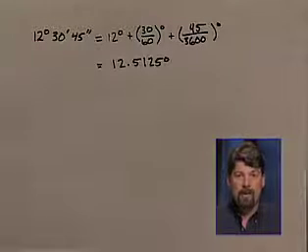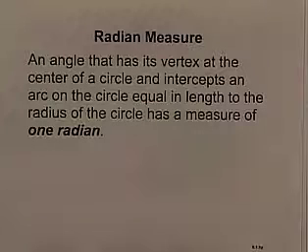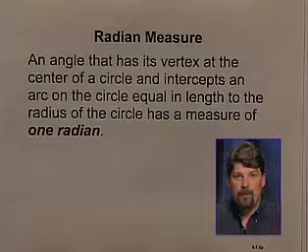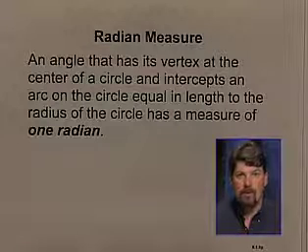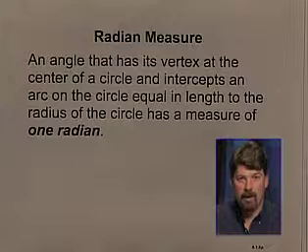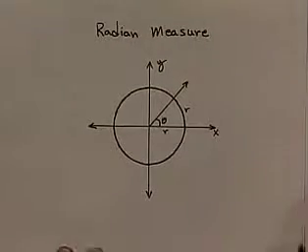Now, the other commonly used measure for angles in trigonometry is radians. So let's take a look at the definition of radian measure. An angle that has its vertex at the center of a circle and intercepts an arc on the circle equal in length to the radius of the circle has a measure of 1 radian. Now let's take a look at a diagram and see if we can understand what's going on here.